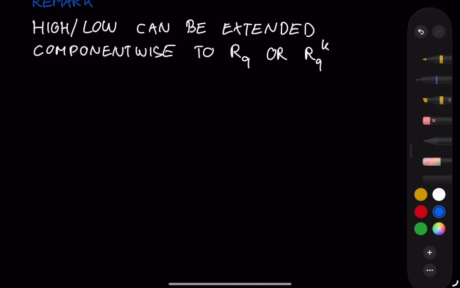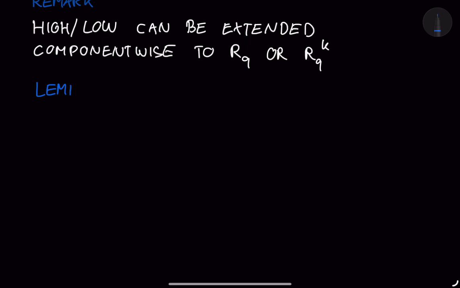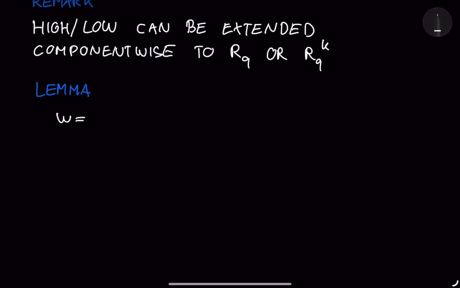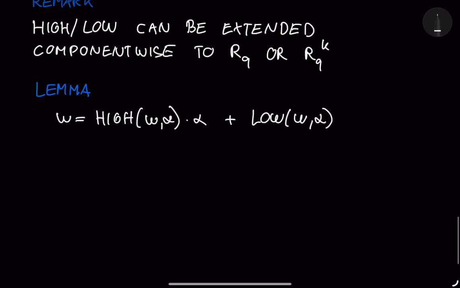The first one I call lemma again, and this states that any w can be combined from High and Low the following way: High of w times alpha plus Low of w gives the original element.